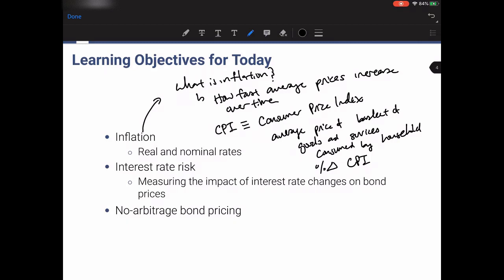Okay, so think of two ways in which inflation can occur. One is when we have a short supply of goods and services. In that case, you can imagine that price levels will rise because demand will stay the same, but supply is cut, so prices are going to be elevated.